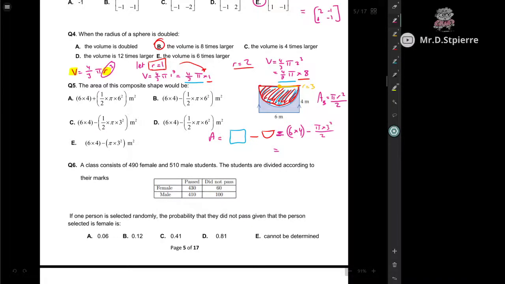We can see straight away this one's got a 6 squared in it, which is wrong, so A and B are wrong, and our only options are C or E. In this case we've got the half out the front, so what they've got written is 6 times 4, take away, and then instead of dividing by 2, we just write it as a half out the front times pi times 3 squared, which means the answer is C.